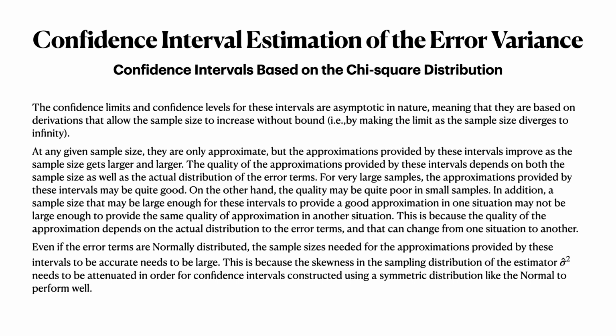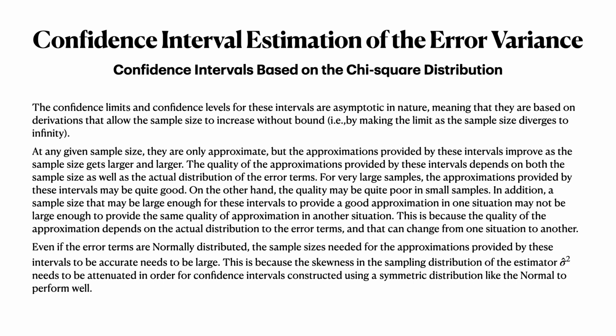In addition, a sample size that may be large enough for these intervals to provide a good approximation in one situation or one application may not be large enough to provide the same quality of approximation in another situation or another application. This is because the quality of the approximation depends on the actual distribution of the error terms, and that can change from one situation or one application to another.